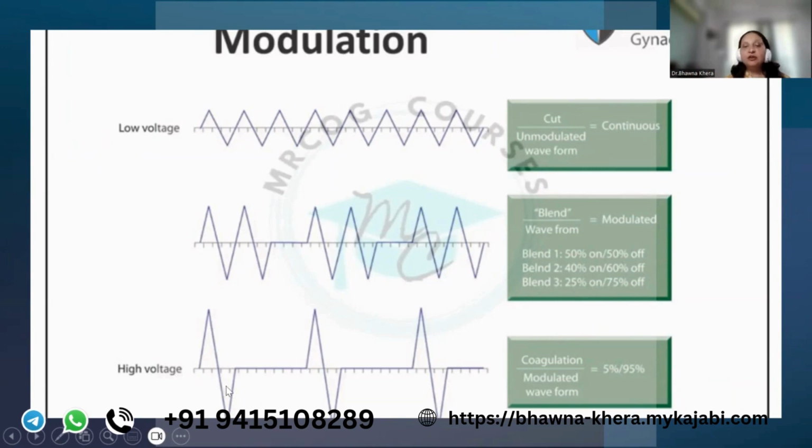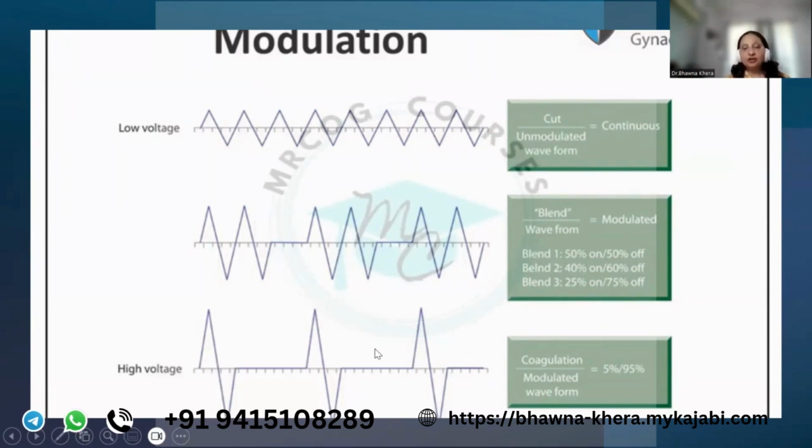Now, when we look at the coagulation, in this case, you see there is an impulse coming and then it flattens out. It means for some part of the time, the current passes and for the next few seconds or whatever it is, the current does not pass, right? Again, the current passes, again it does not pass, again it passes and then it again does not pass.